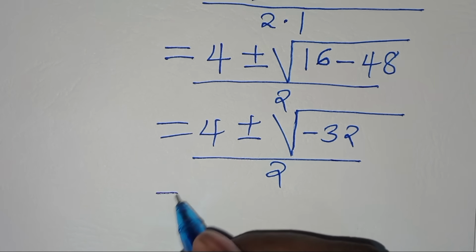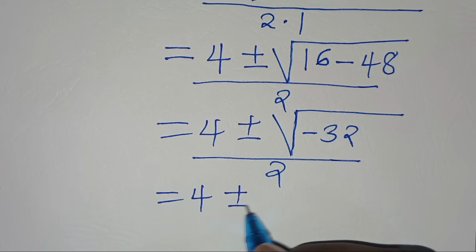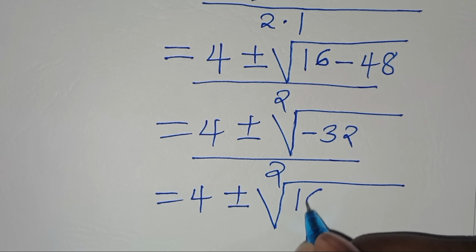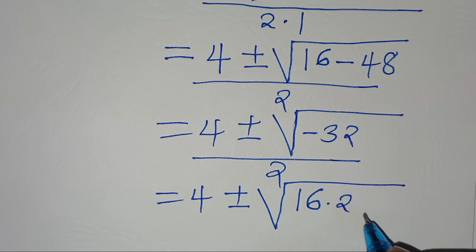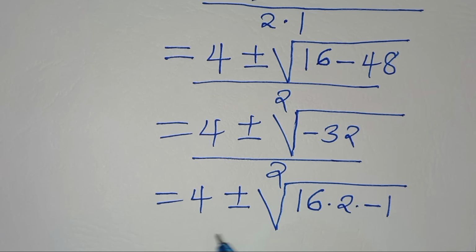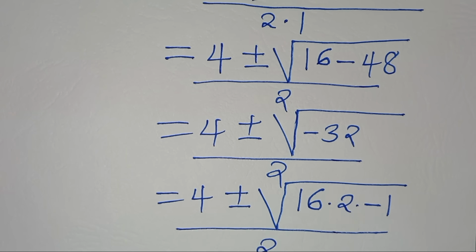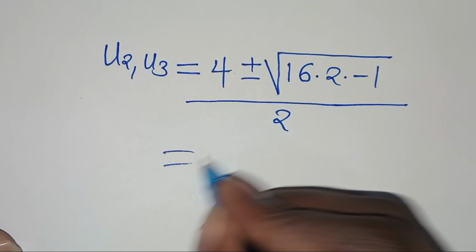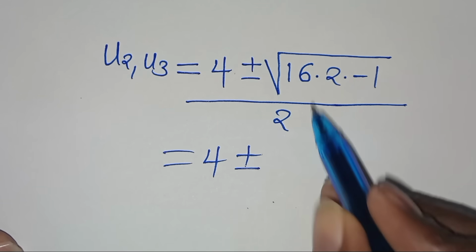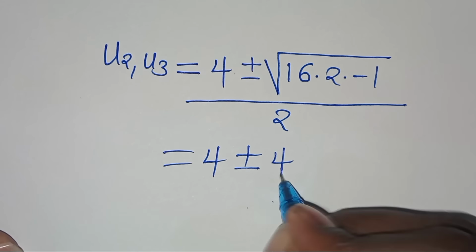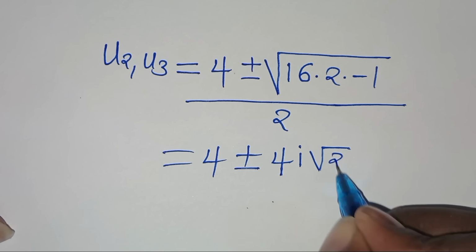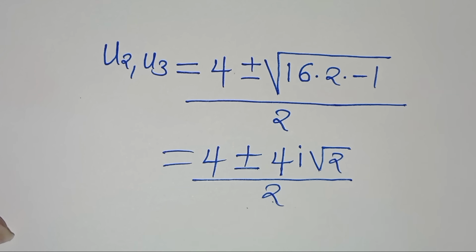Now, we can express the square root of negative 32 as the square root of 16 times 2 times negative 1, everything here divided by 2. Now here we have 4 plus or minus the square root of 16, this is 4, square root of negative 1, this is i, then square root of 2, everything here divided by 2.